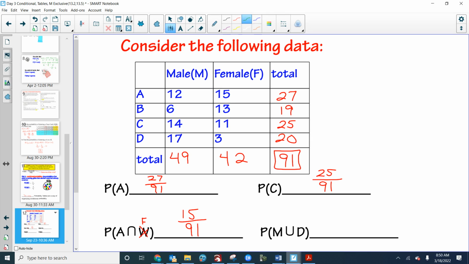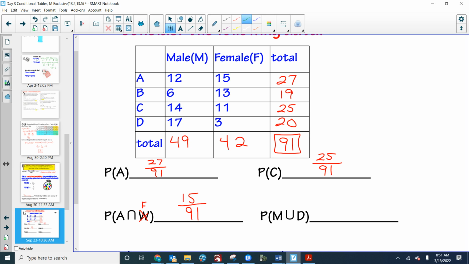Next, what's the probability of M or D? M or D? Well, what's our formula for or? Isn't it P of M plus P of D minus P of M and D?